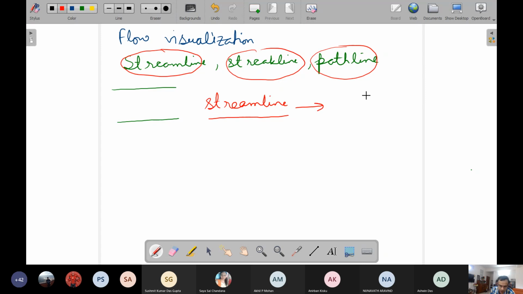So this is an imaginary line. This is very important because you cannot really have such a line in reality.